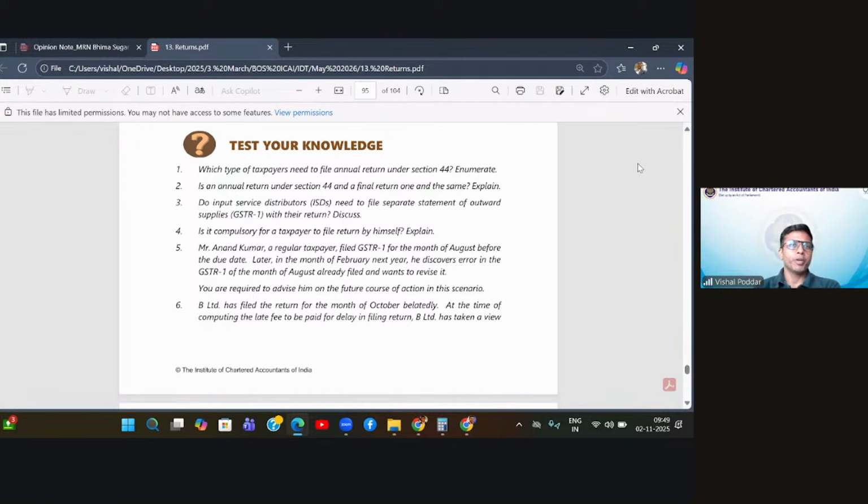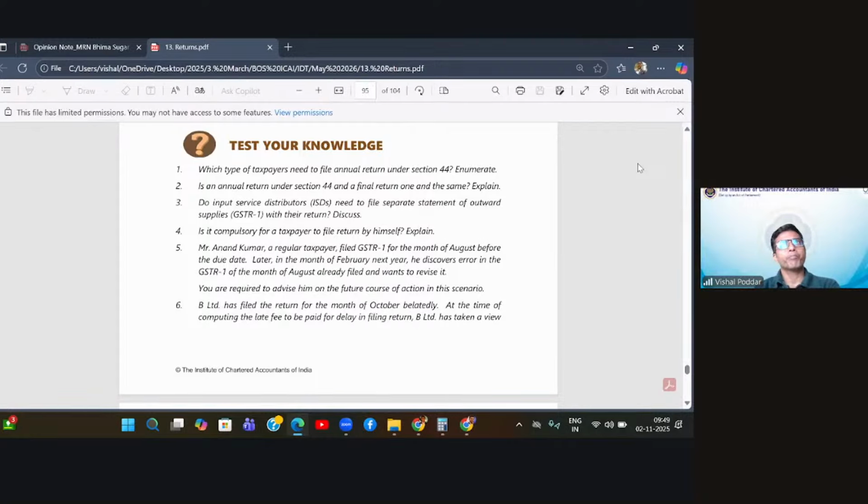And just assuming the portal has also not blocked any of these things, though it has the power to block. In fact, the officer has power to cancel. So let us say, even if the officer has initiated cancellation or suspension, then in 2027, I go and tell them that there was some tragedy, some problem, etc. Now I want to file, and they allow me to file, and I'm very much within the 3 years time.